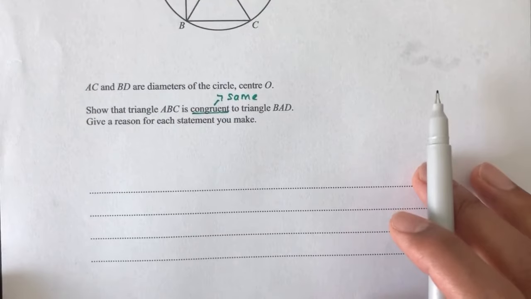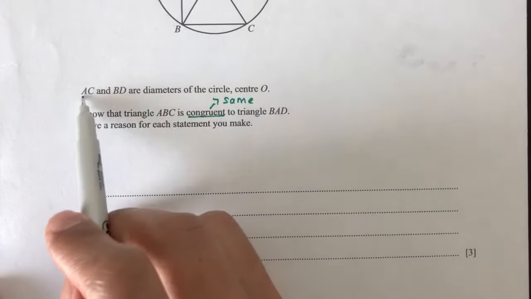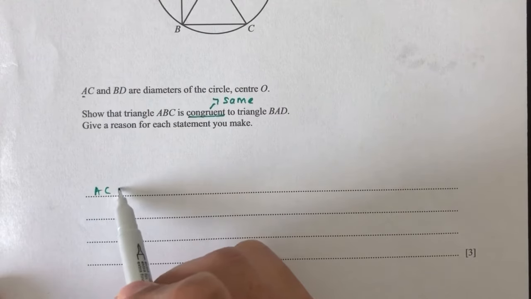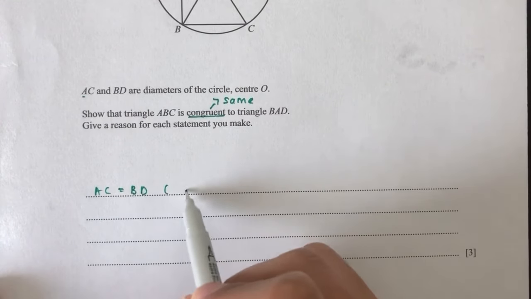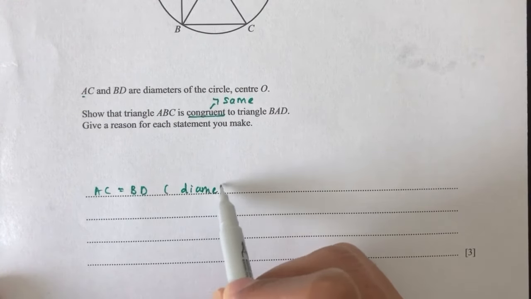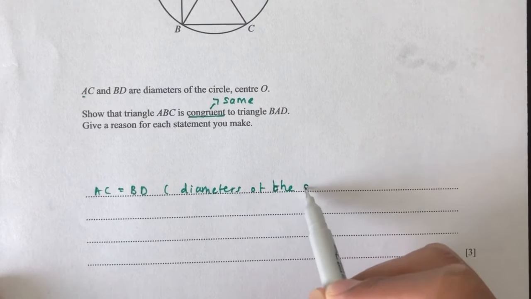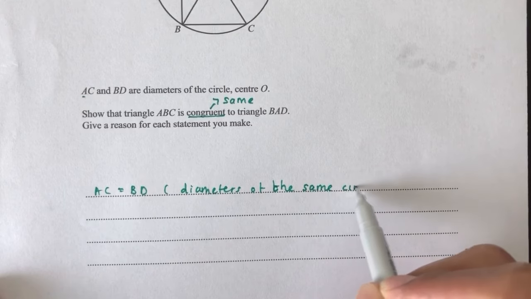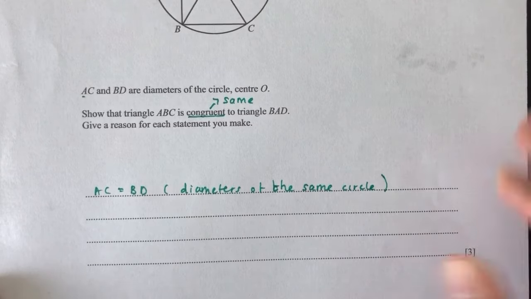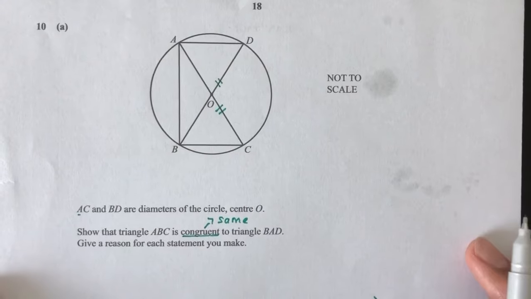The first thing given to us is AC equal to BD, because they are diameters of the same circle. Okay, so that's the first point.